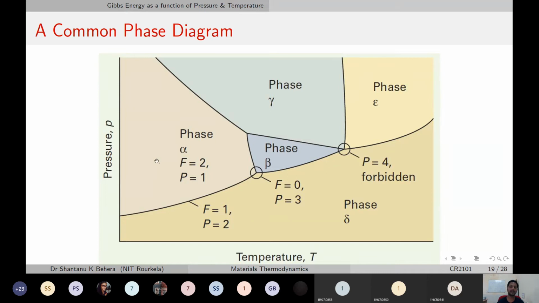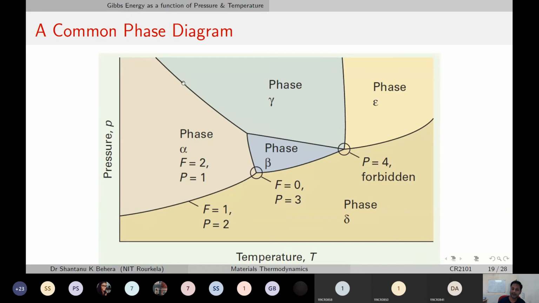And when I say that I can change pressure and temperature, those two thermodynamic variables, I mean that I can change them within the coordinate space. That means when I change the temperature from here to here, I go right. It means I increase the temperature. The alpha phase will still remain alpha phase.